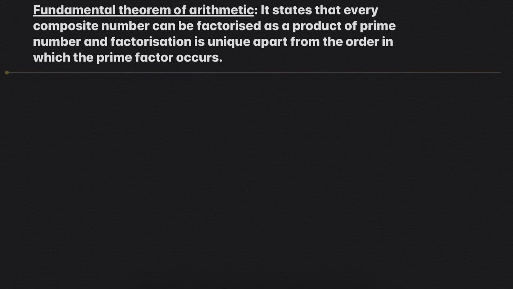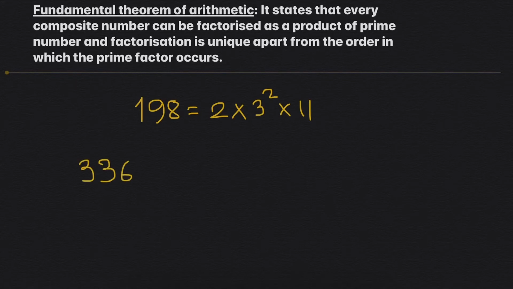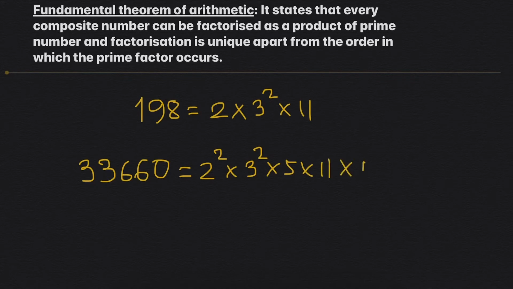Now if we observe from the previous example, 198 can be written as 2 into 3 square into 11. Also 33660 can be written as 2 square into 3 square into 5 into 11 into 17.